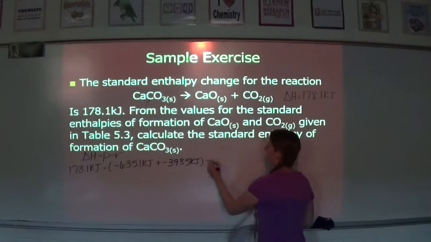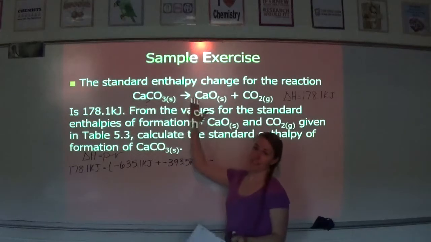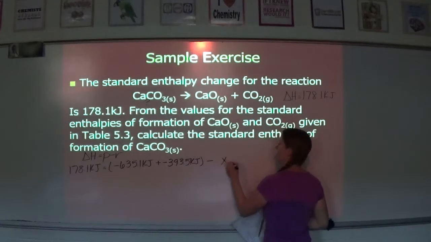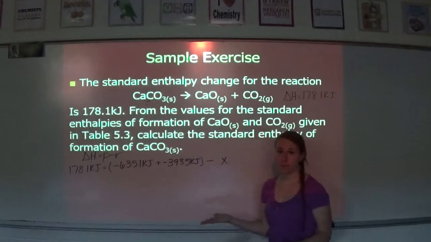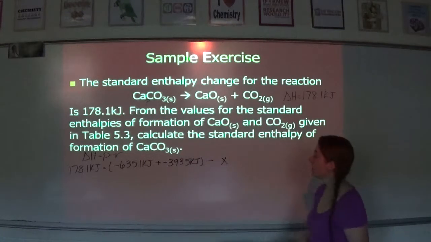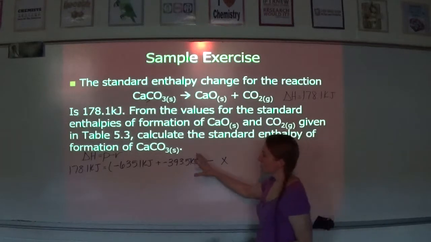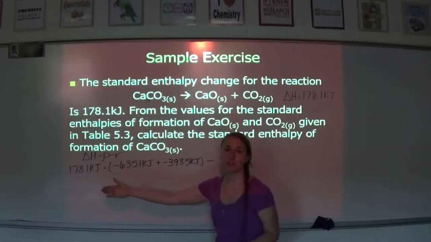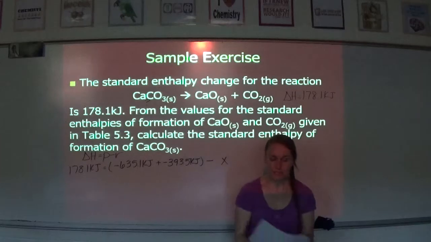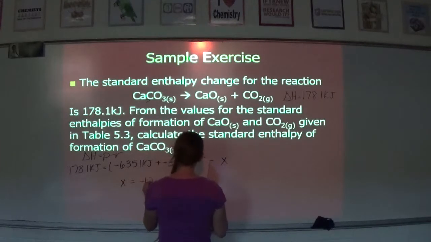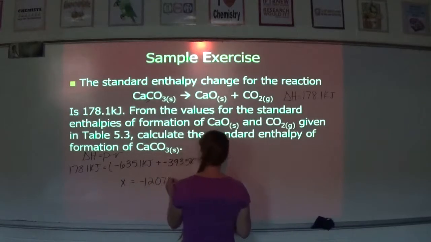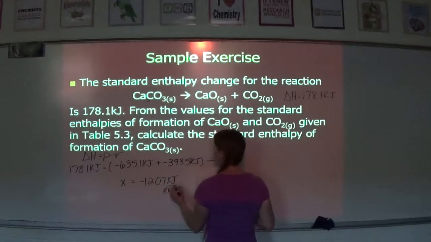And then I'm going to subtract my reactants. Well, my reactant is what I don't know, so I'm just going to put minus X. And it's just 1X because, of course, there's no coefficient. Alright, once you do that, all you have to do is solve for X. So you'll combine these two, get it on the other side, and so once you solve for X, you end up getting X equals negative 1,207 kilojoules per mole.